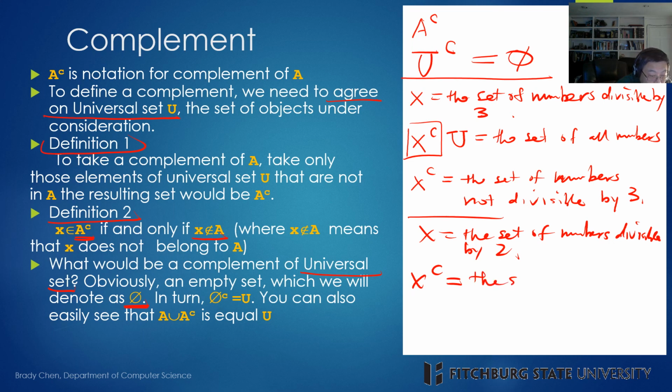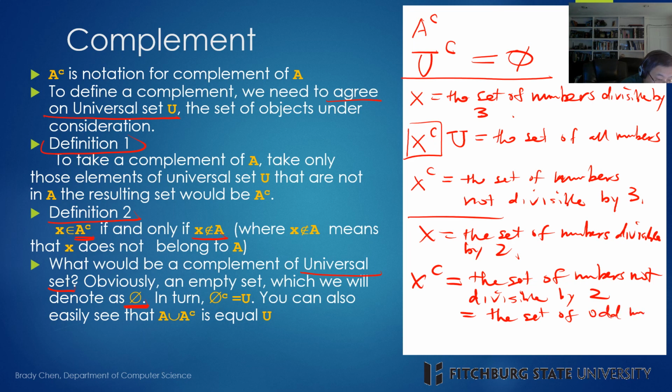But also we can say it's the set of odd numbers. Now, the set of numbers divisible by 2 can be viewed as the set of even numbers, right? So that's the other example.